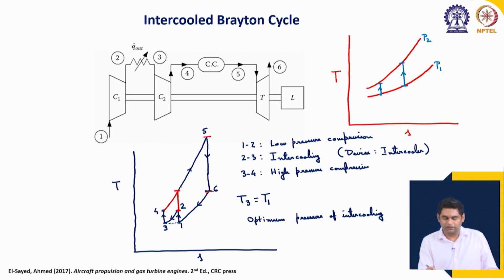Although the net work is increasing, this additional heat addition will balance the effect and efficiency may be lower, but the main idea behind using an intercooler is to increase the net work output, similar to a reheater.